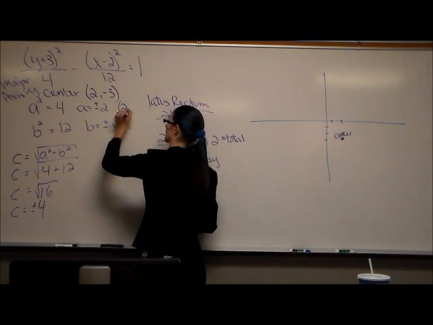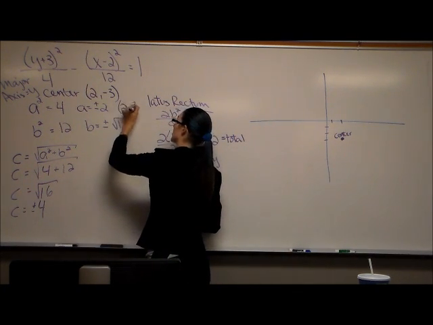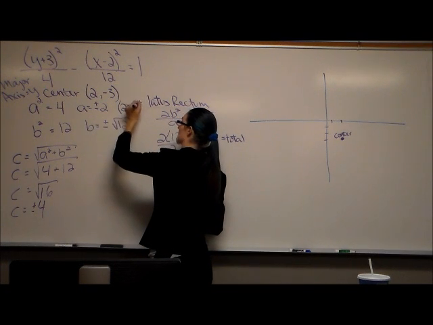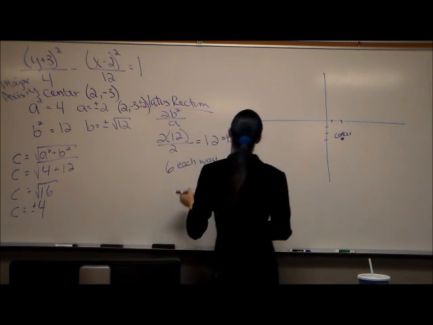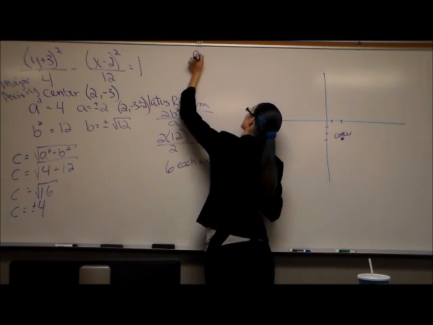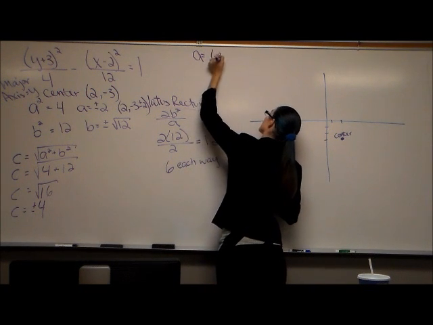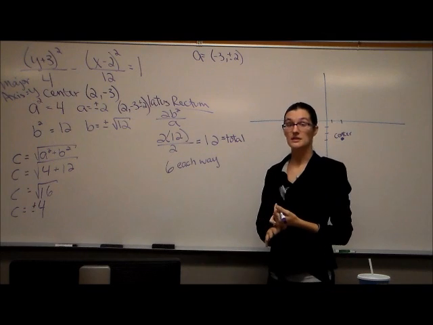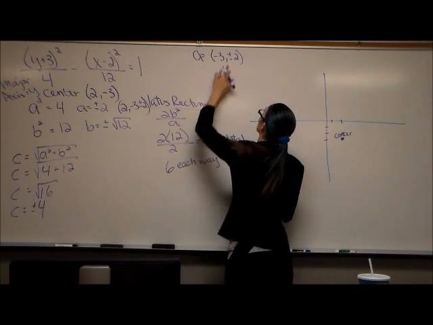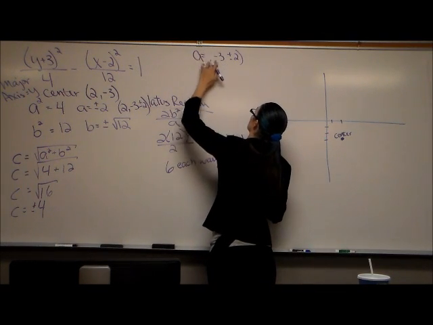So 2 is an X, we leave it alone. -3, we're going to add or subtract 2 from it. So -3 plus or minus 2.